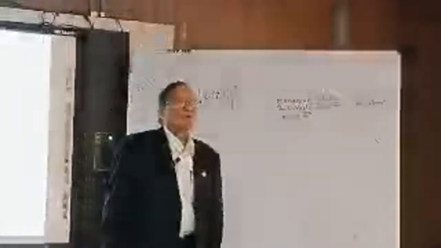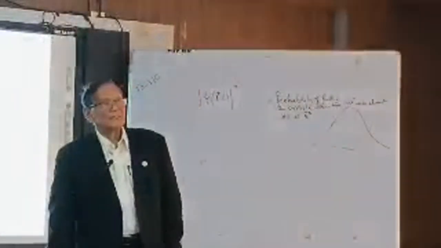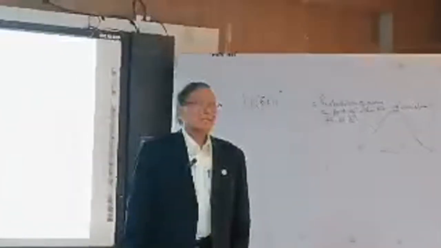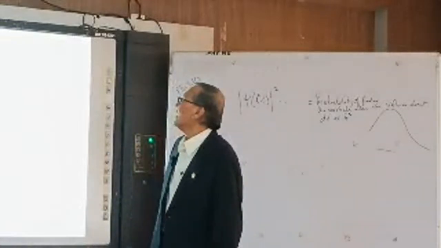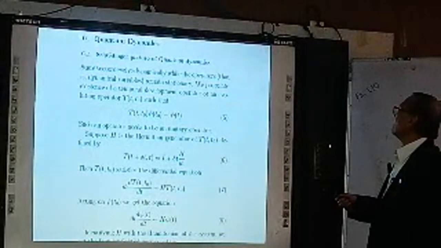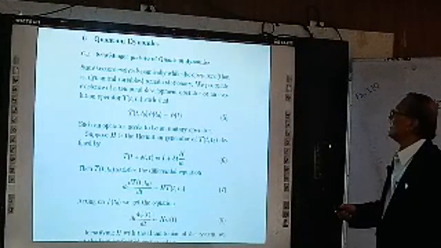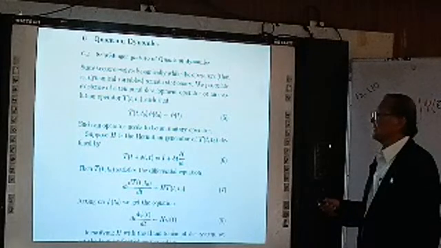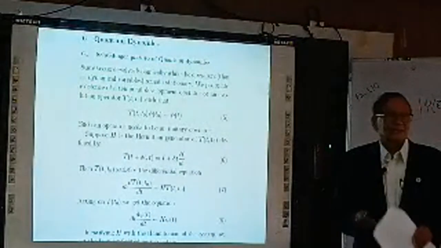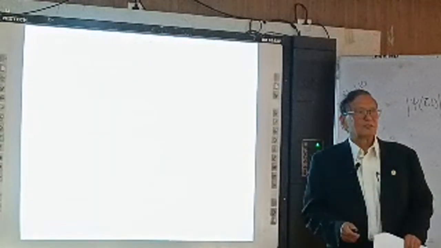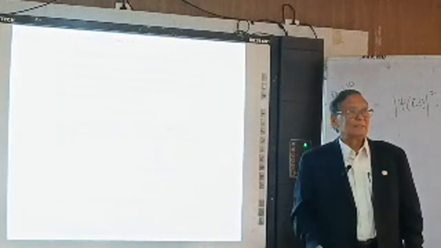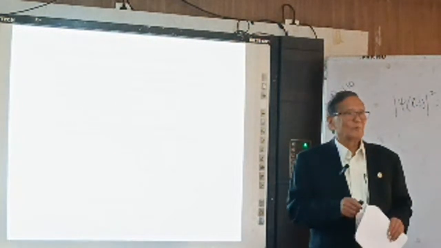So with these five postulates in mind, we formally formulate quantum mechanics. Now in the formulation, I am showing the Schrodinger picture of quantum dynamics. In this picture, you can view the dynamical variables as not evolving in time, but the state vectors are evolving in time.